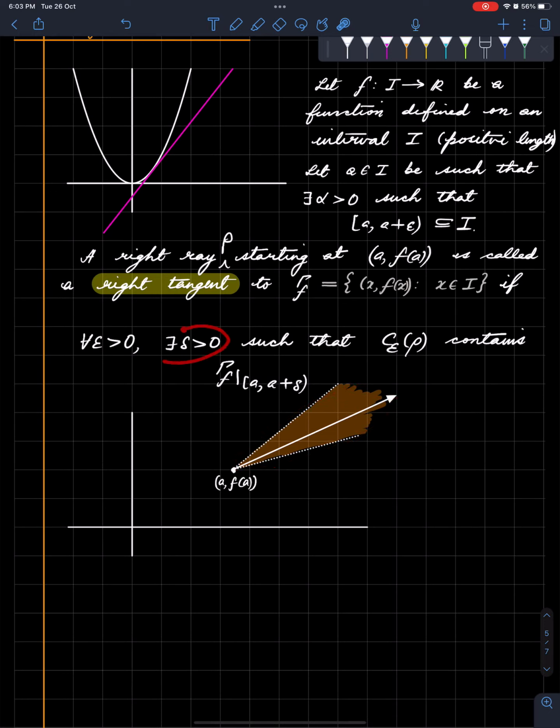So once you fix an epsilon greater than 0 and draw this epsilon cone about this given ray, then we are saying that there is some delta greater than 0. It may be very small, but it is positive, such that the graph of the function restricted to this right neighborhood of a is contained in this guy. So the graph is contained for some delta.